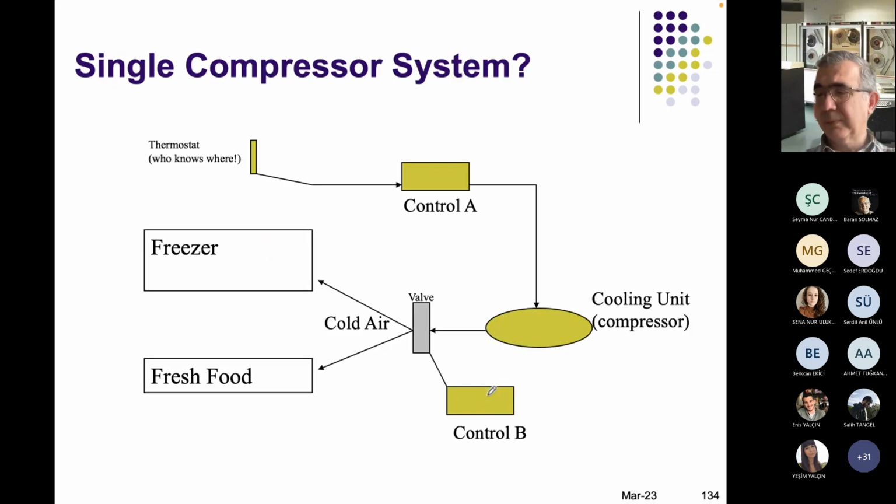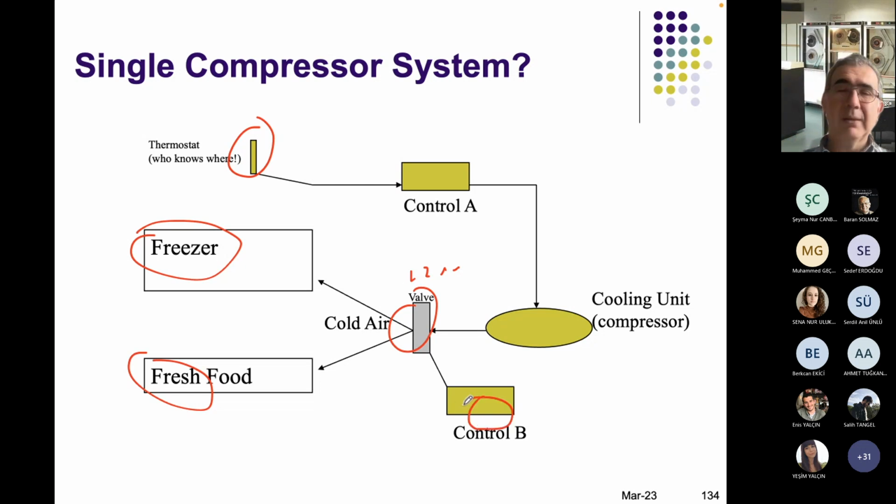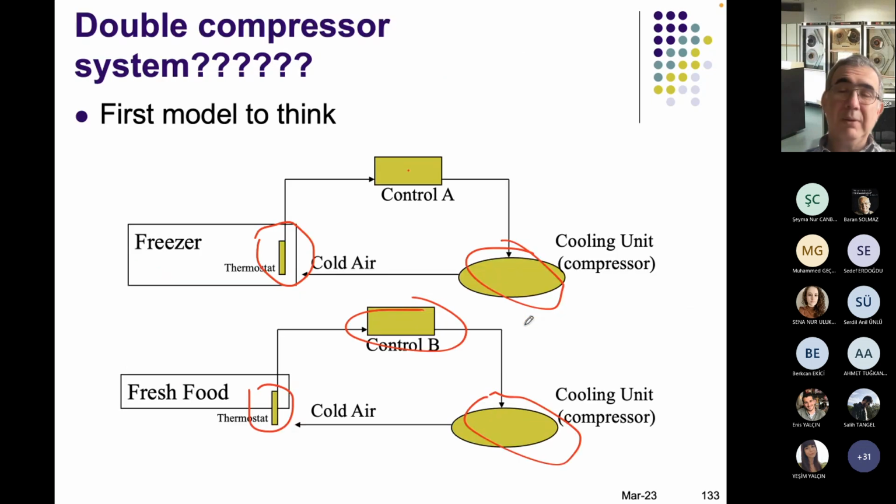In the Beko, there is a thermostat, there is freezer, fresh food, and a cold air valve, a mechanical valve from 1 to 5. So you adjust it accordingly, and there is a control outside. This one is more suitable to a technical background because there is one cooling unit and one thermostat. The other one behaves like there are two, but there is one engine.